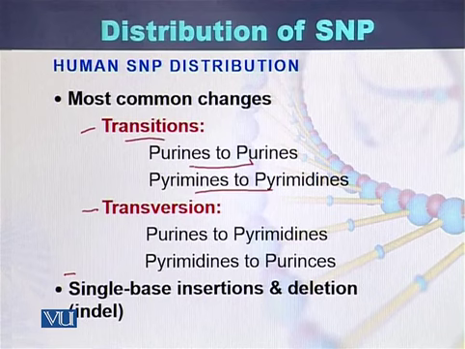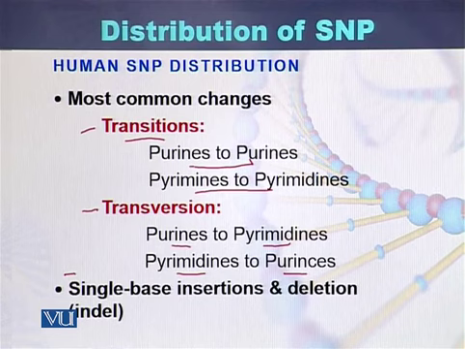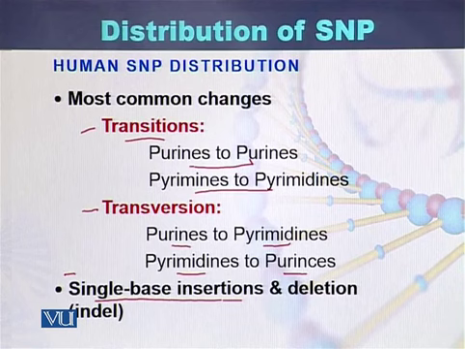On the other hand, if purines are converted to pyrimidines and vice versa, then this kind of change is called a transversion. So in the DNA sequence, both types of changes, transitions and transversions, are present. Along with these, there are single base insertions and deletions, which are also called indels.